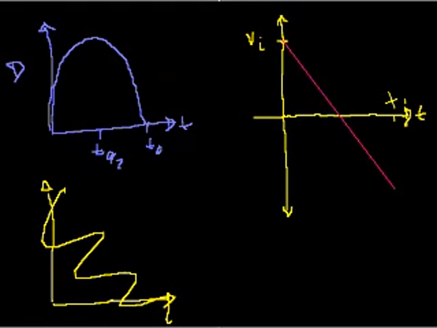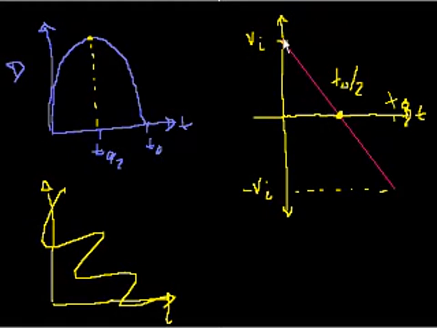At t sub naught, the velocity now is negative vi, right? Remember we said when the ball comes back down, it's going at the same velocity, just in the opposite direction. So this point right here, which is t sub naught over 2, corresponds to this point, which makes sense, because that's the point at which the ball has no velocity. And look, the velocity is 0.